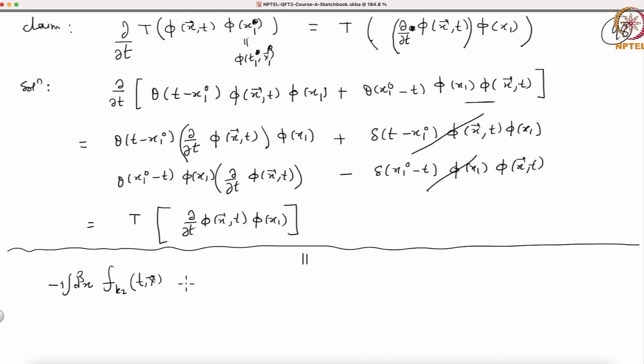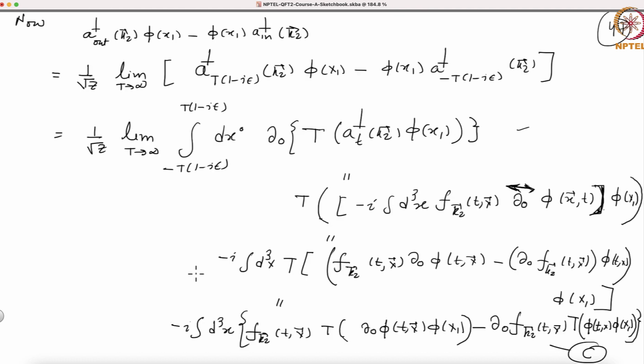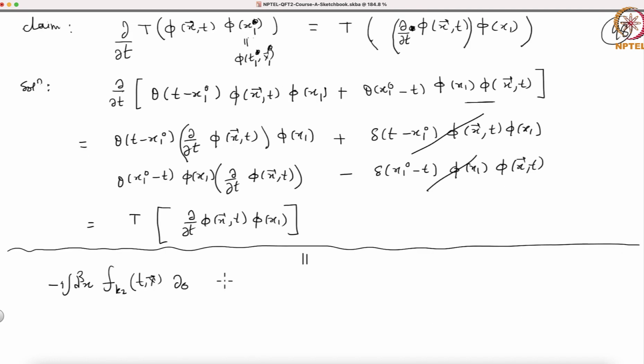Maybe I should go to my notes, that will be better. f k2 t x, and you can meanwhile also write from your own notes. So del naught, I am pulling out the derivative here, del naught time ordered product of phi x t, phi x1, minus del naught f k2 x t, time ordered product of phi x t times phi x1.